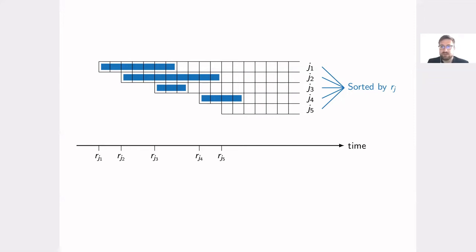And the cost of the schedule is simply the cost of each square that we select, and this square has a cost of the wj value of the job j of this row.